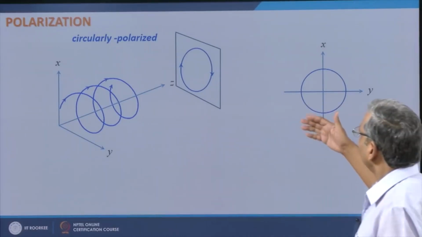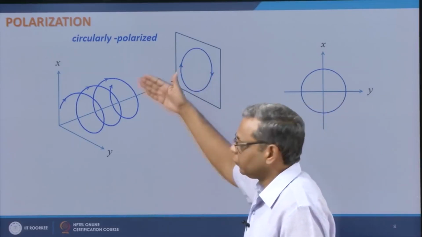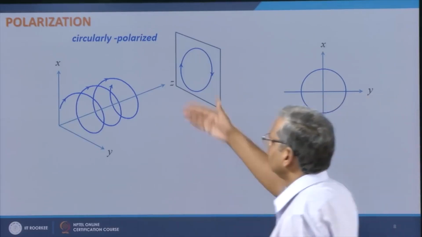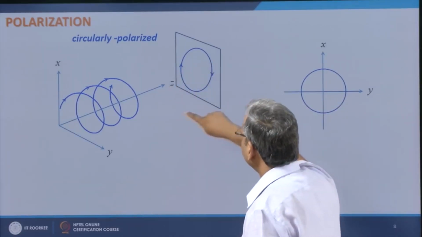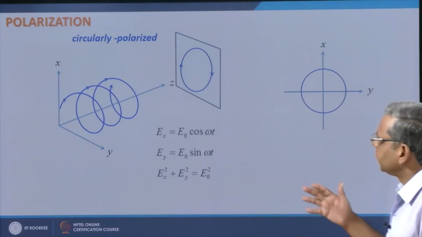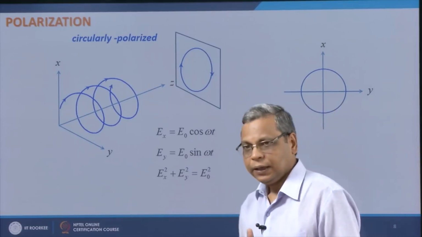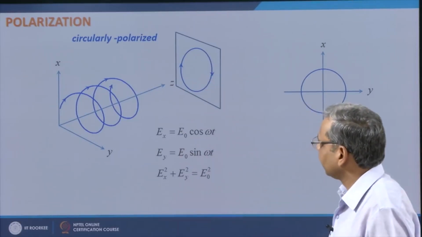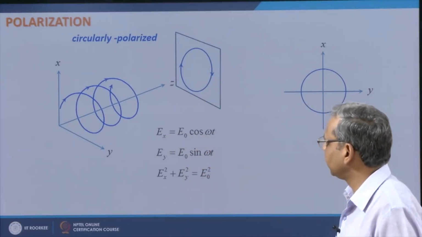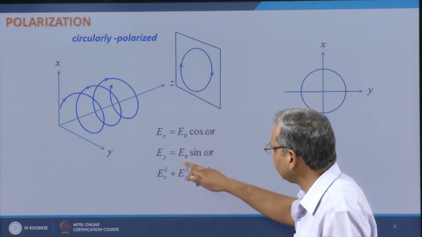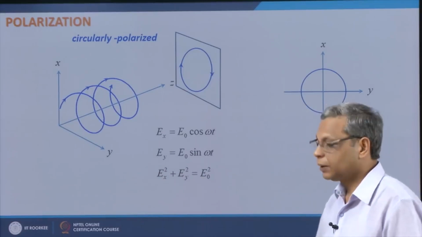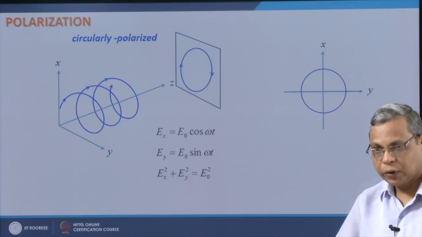So, if I trace the variation of the tip of electric field vector on a transverse plane, it will go like this. So, how can I represent it? Since it is a circle, intuitively I can say that if Ex is equal to E0 cosine omega t, then Ey should be E0 sin omega t, so that Ex square plus Ey square gives me E0 square, which is the equation of a circle.